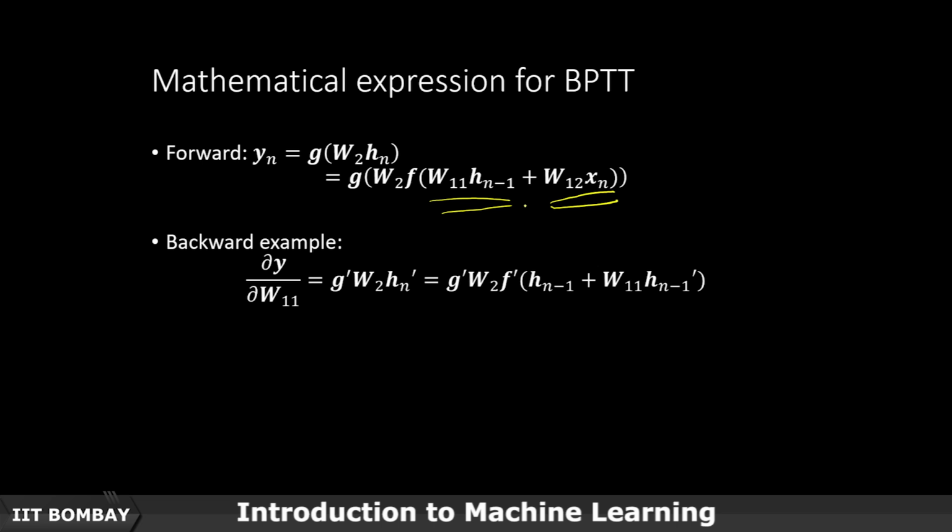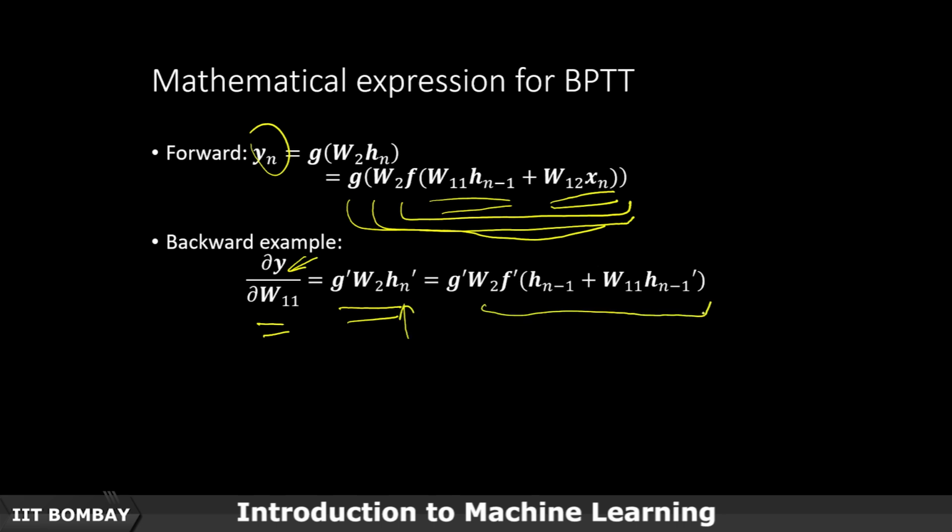Now if we take the back propagation, what is the derivative of y with respect to w11? Here we are taking the chain of partial derivatives. It is going to be g dash w to hn dash, and when we expand the derivative of hn, we get something like this, and within that we have hn minus 1 dash also.